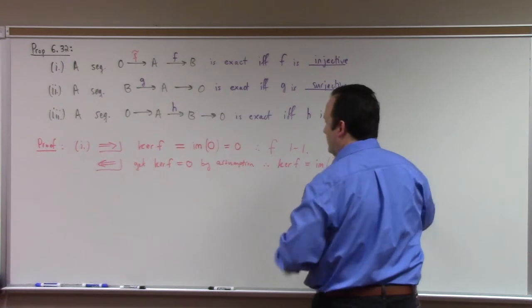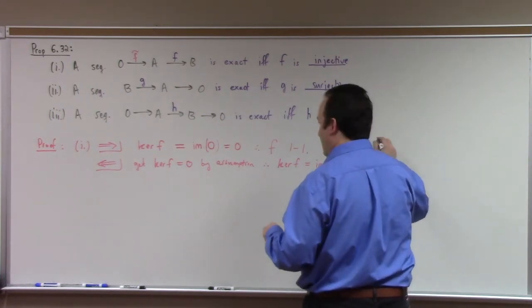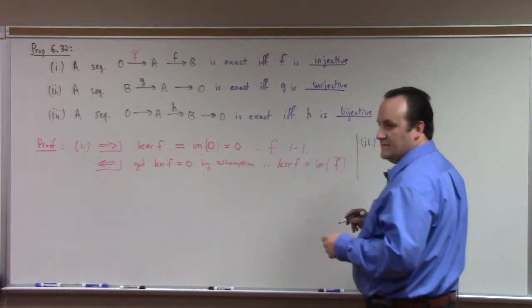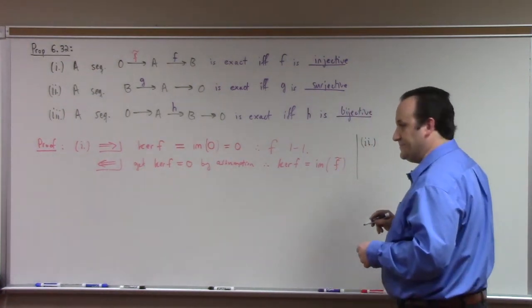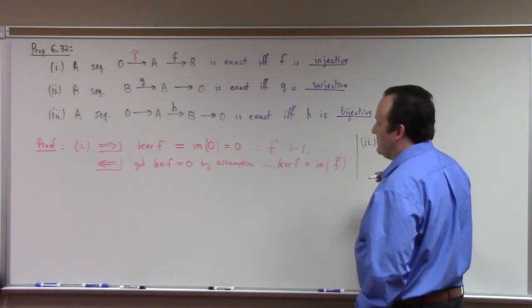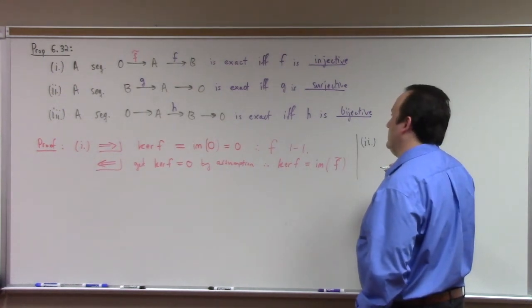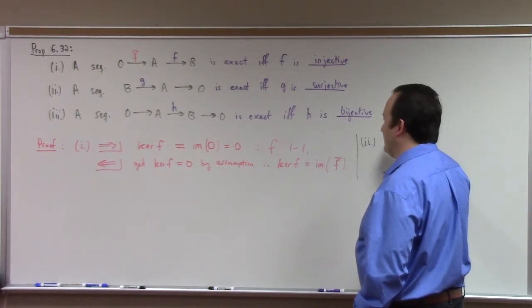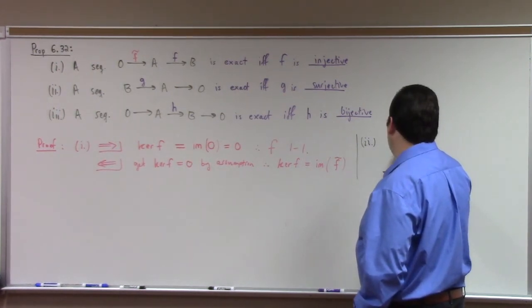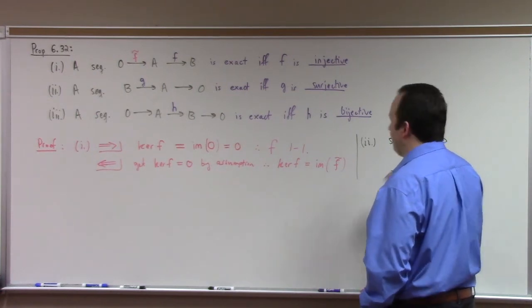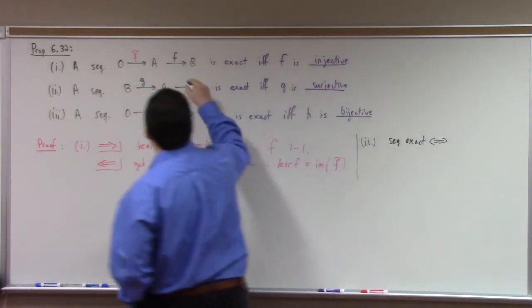I find when we're starting, it's helpful to not use biconditionals as much, but you could disagree, and I would respect that. So part 2, let's see here. That sequence, I'll try your biconditional here. So the sequence being exact is if and only if what? Let me call this thing G tilde.